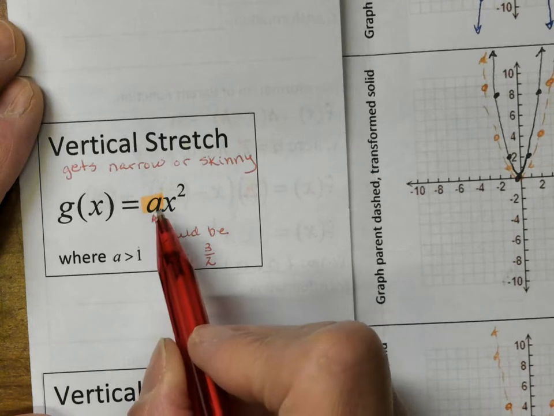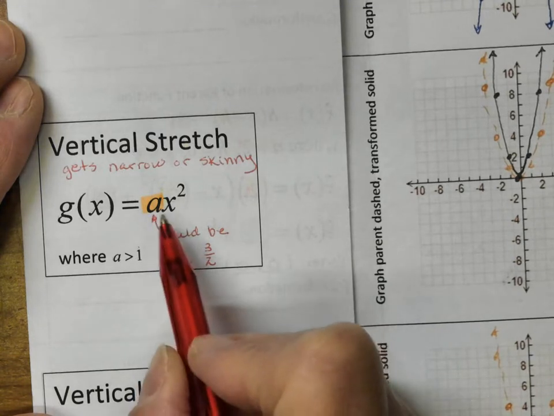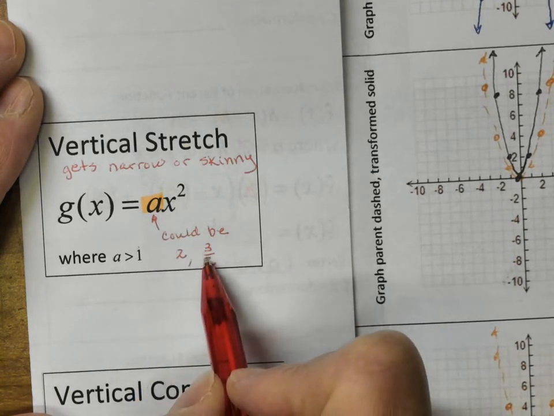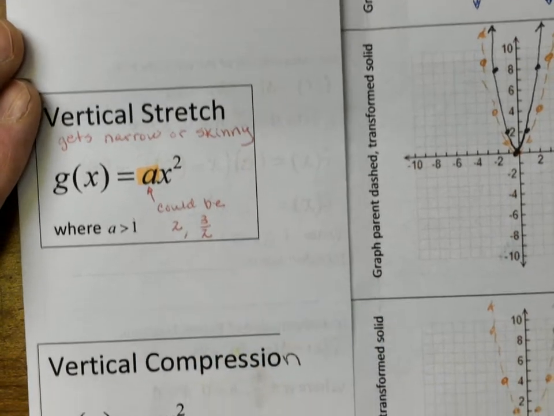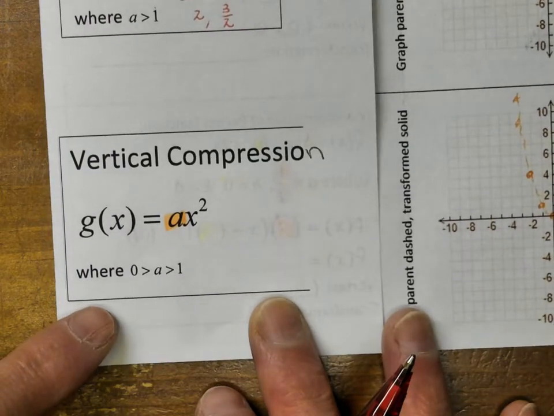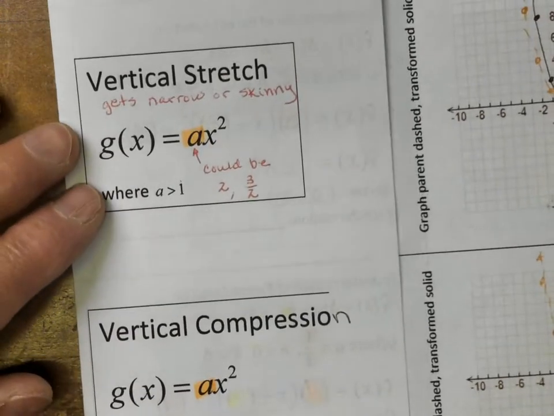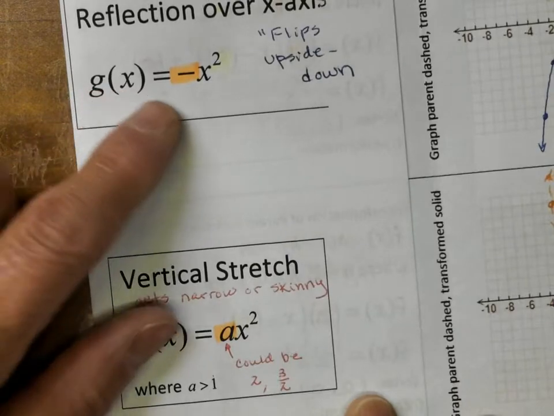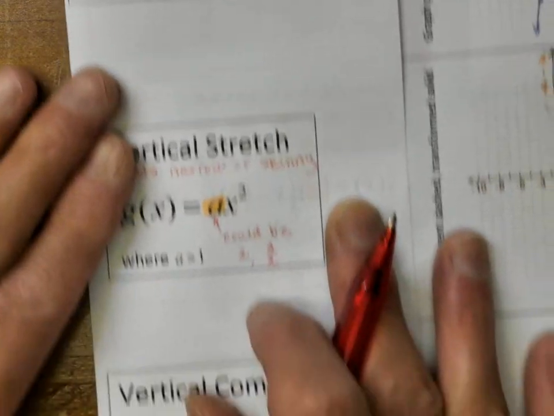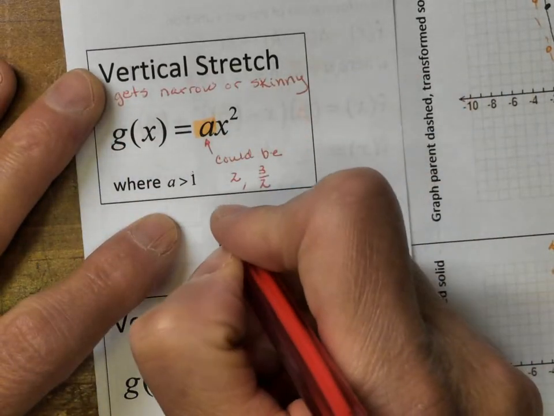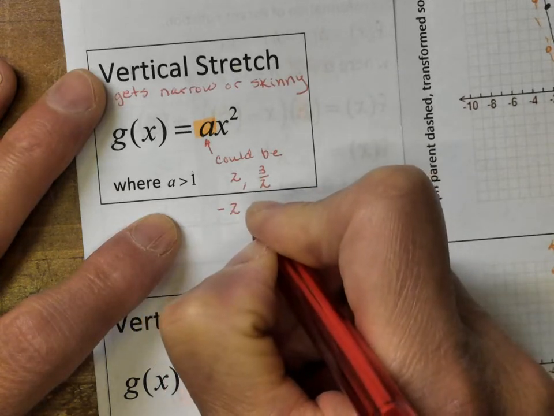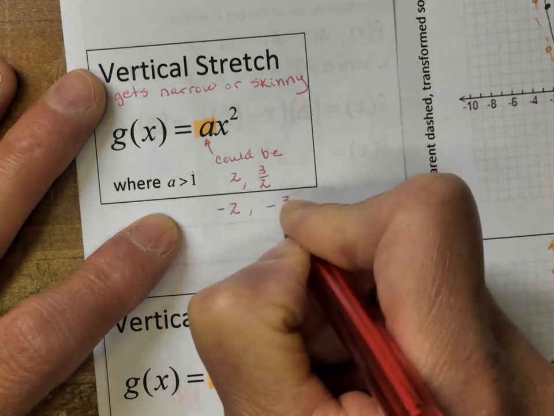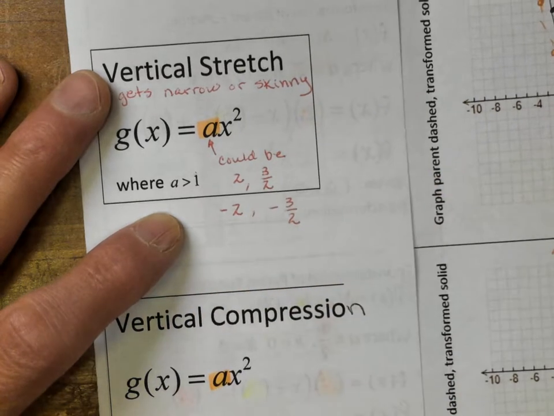It doesn't have to always be an integer. It could also be a fraction, as long as that fraction is bigger than 1. So let's go ahead and look here. Oh, before I do that, remember before we talked about a reflection. A stretch could also include -2 or even -3/2. These are just examples.